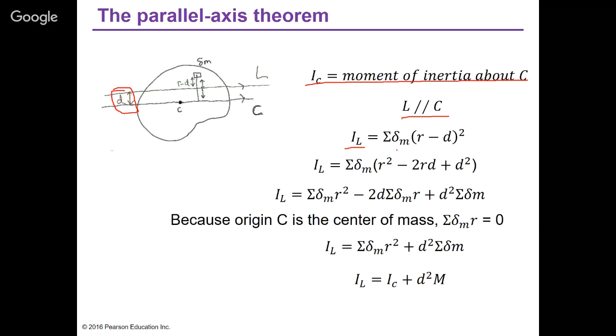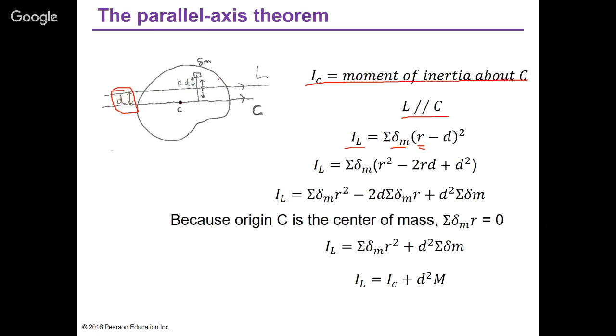We're summing over all of the little masses here. We can use a sum, or we can use integration. It doesn't matter. We have this little mass times the new distance of this little mass from the new axis L, which will be the old distance minus d.